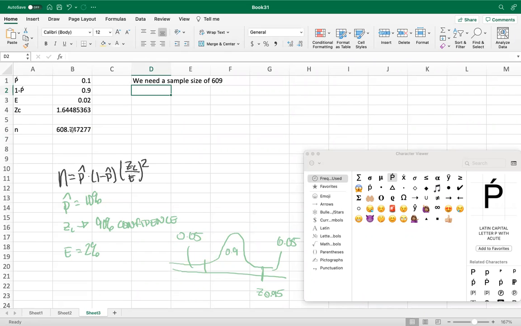Even if we have 0.1 somewhere over here, we would still need that 0.1 of a person in order to make this a complete sample size. So we're always going to bump this value up one. So instead of 608, we're going to use 609 for that sample size.